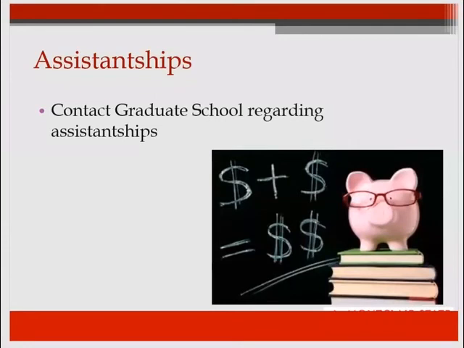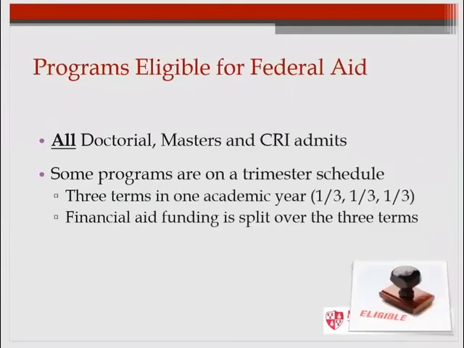All right, so programs that are eligible for federal aid. All doctoral, master's, and certification programs are eligible for federal aid. Some programs, such as the School of Business, do function on a trimester schedule, so there are usually three terms in one academic year, and the financial aid is split over those three terms.